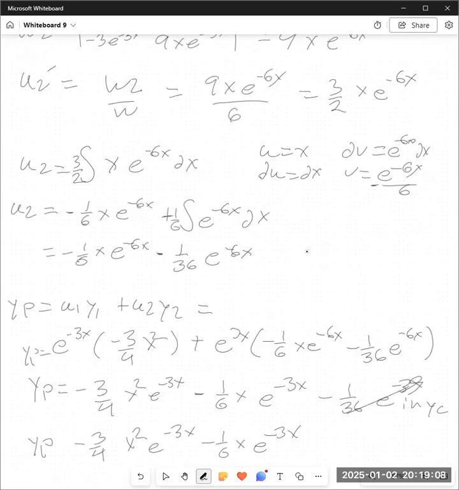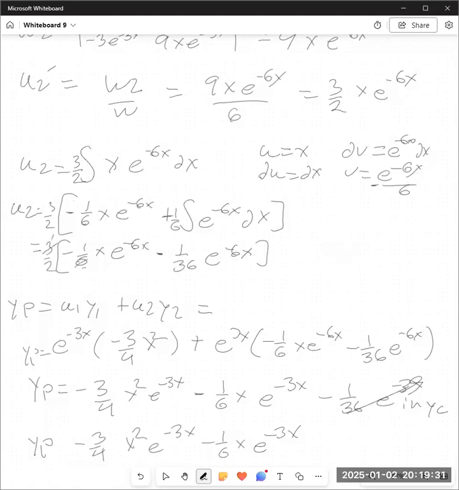I forgot to multiply all this by 3/2. Be careful when you have a fractional multiplier out front like that.